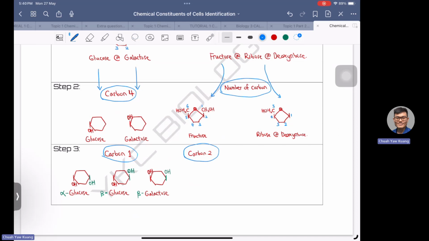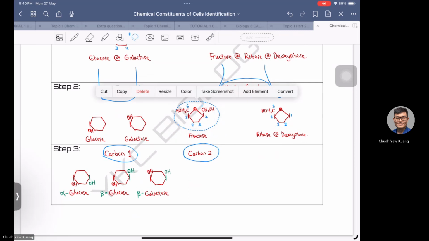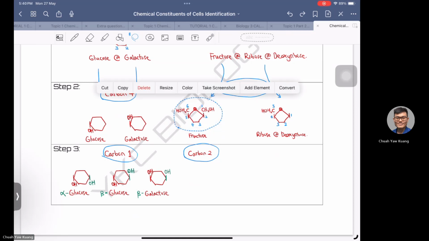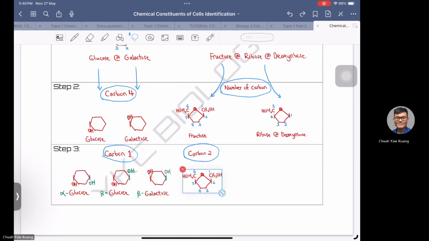So for fructose with carbon number 2, same thing again, I will copy it. We will look at the OH at carbon number 2 in order to differentiate alpha or beta fructose.